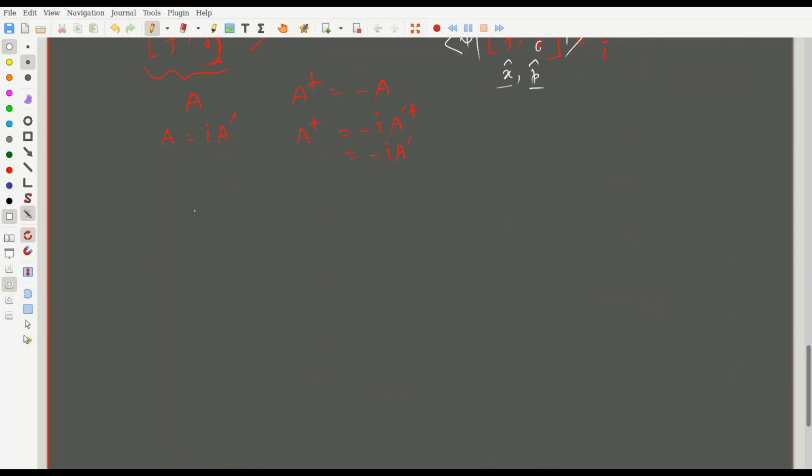Perhaps in your class on vector spaces, you have been talking about basis transformations. Basis transformations means you are transforming your basis vectors to a different basis.